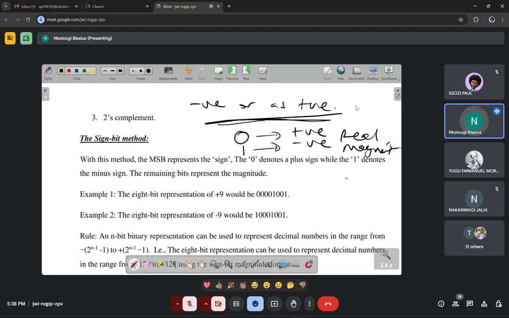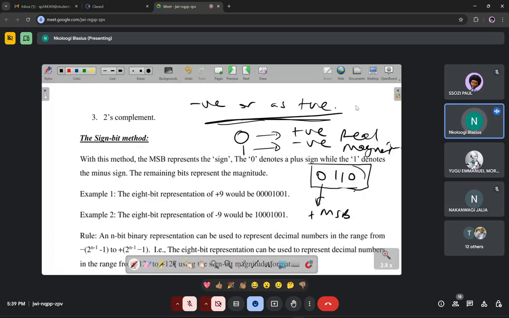Now, assuming you have this number, let me just have a 4-bit representation. What does this number tell you? This number will tell you that this is a positive number, because of the 0, which is an MSB.